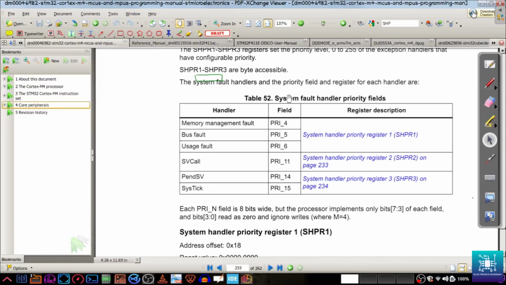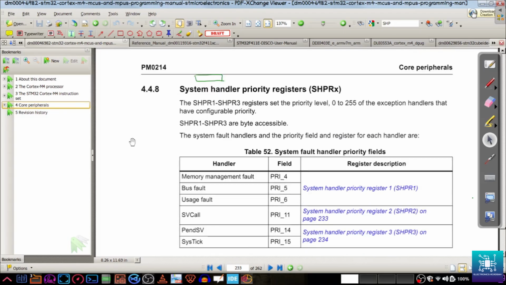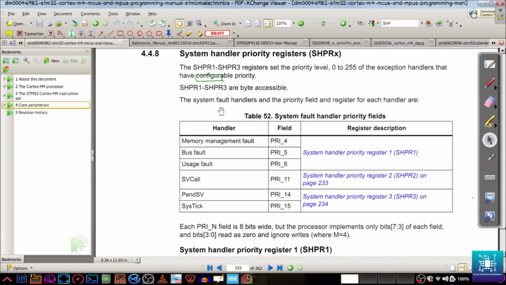Now here are the system fault handler priority fields, and here are 3 registers which set up the priority for the exceptions, that is in the first part, the system exceptions.